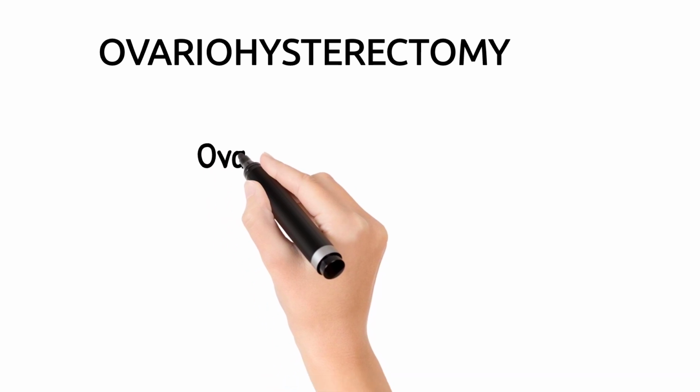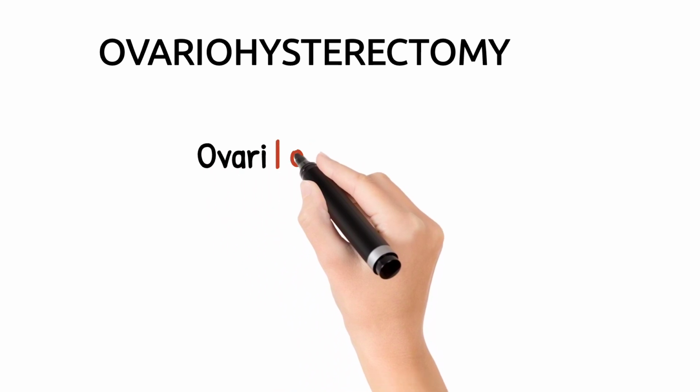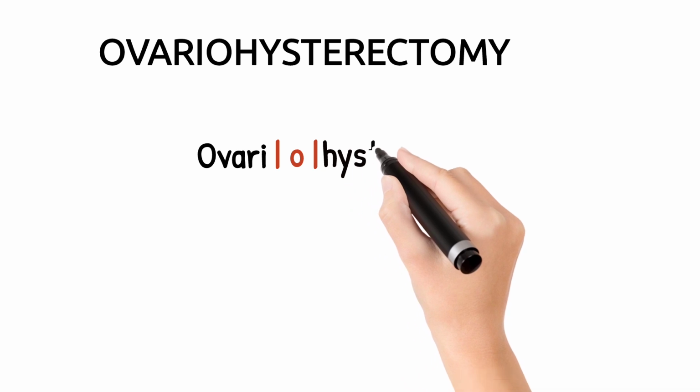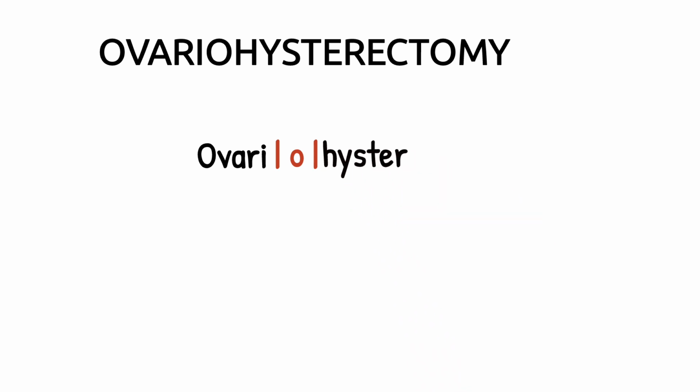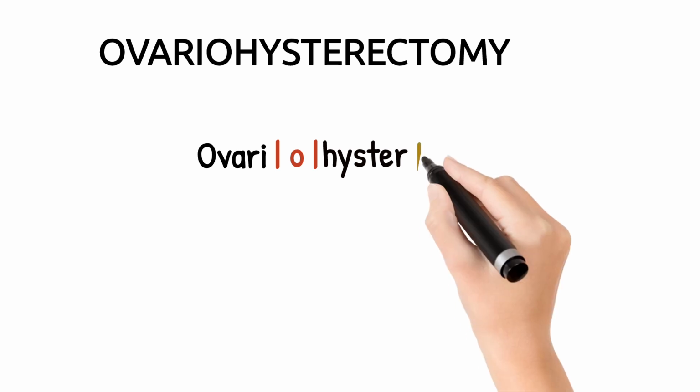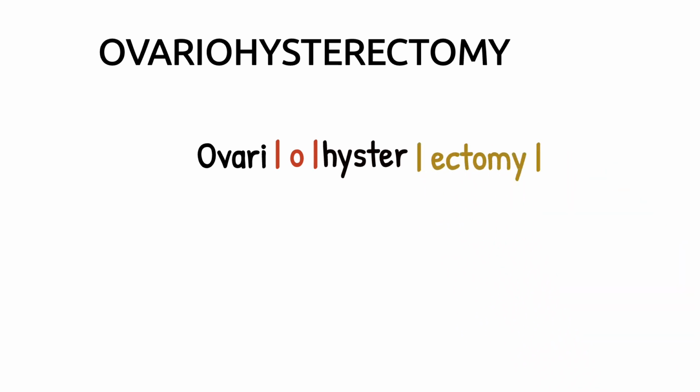We have here two root words, that's O-V-A-R-I, ovari, and hyster, joined together with the combining vowel O. Next is the suffix, ectomy. There is no prefix here.